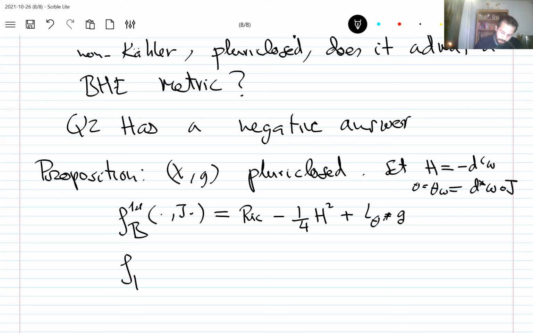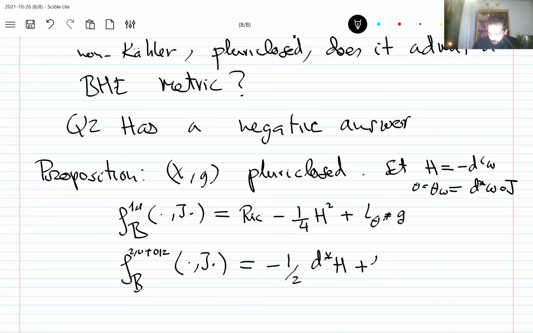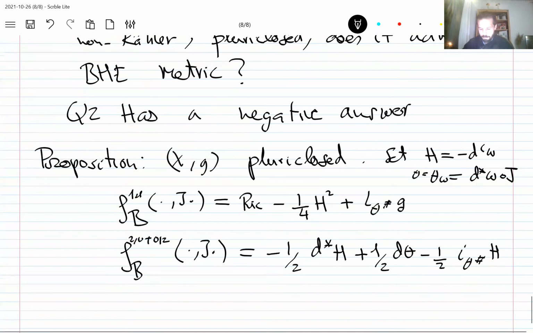And then the (2,0) plus (0,2) part of the Bismut-Ricci form is given by minus 1/2 d star H plus 1/2 d theta minus 1/2 of I theta sharp contracted with H.